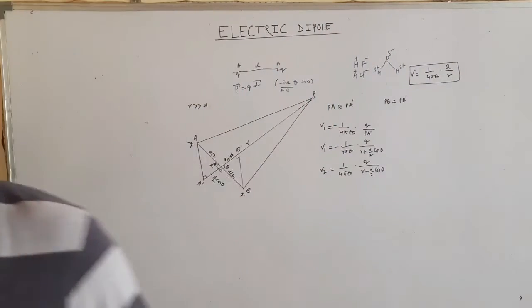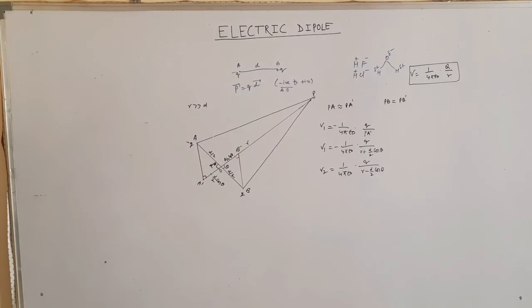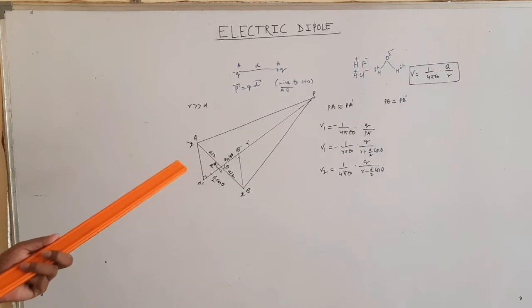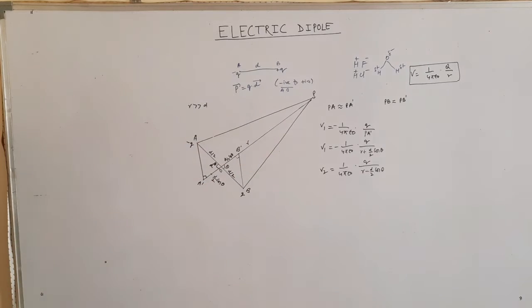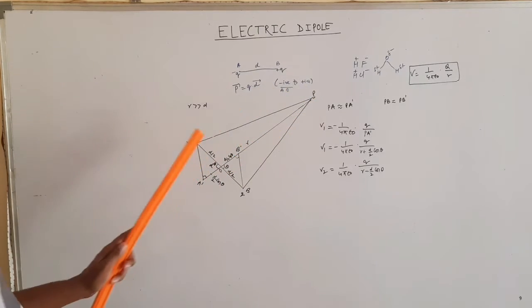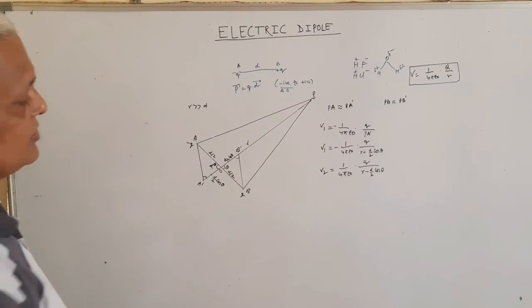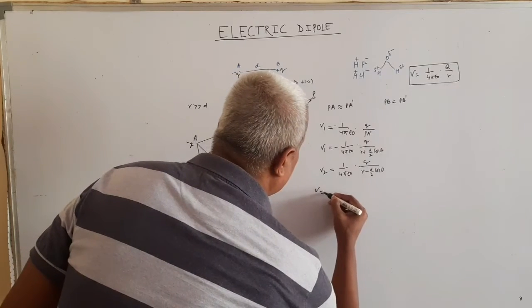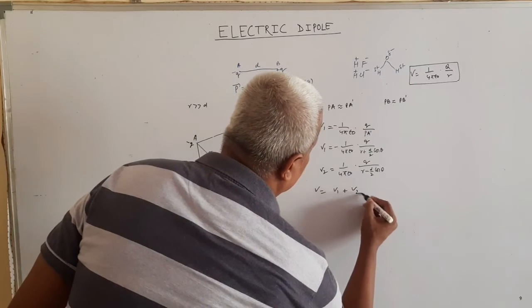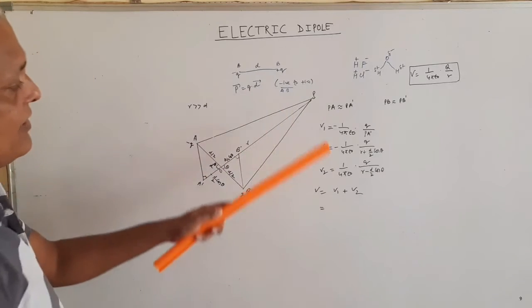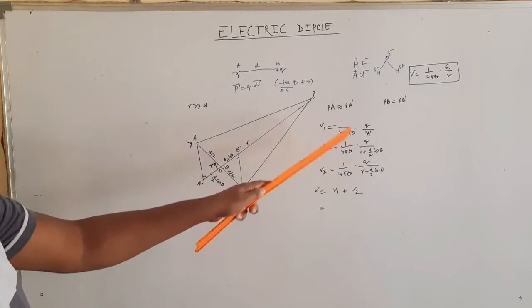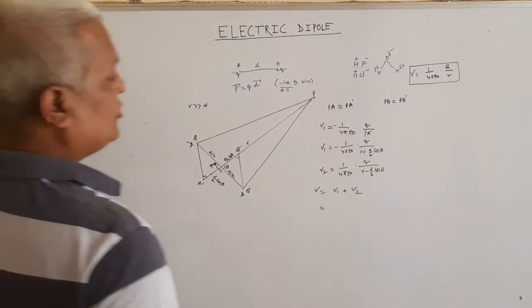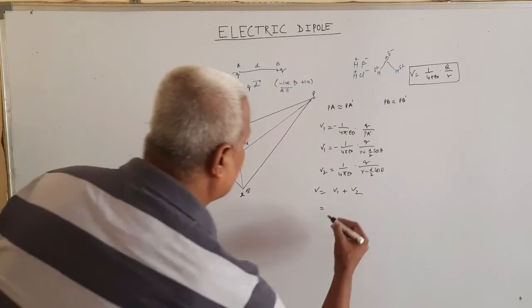So now this is a scalar quantity. Potential is work upon charge, and it means the potential is a scalar quantity, so we do not need the vector sum of all this. We can simply add them, and we have the condition that the potential at P due to this minus Q and the plus Q will be given as V equal to V1 plus V2. So now you see that in V1 and V2 we have this Q over 4 pi epsilon naught common.